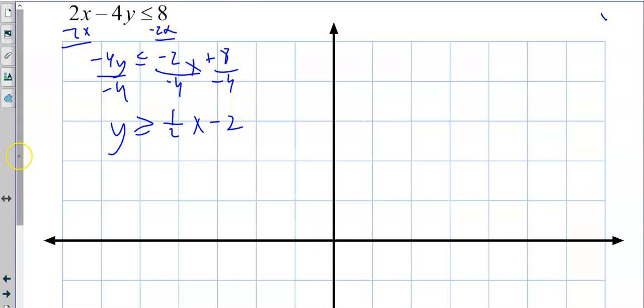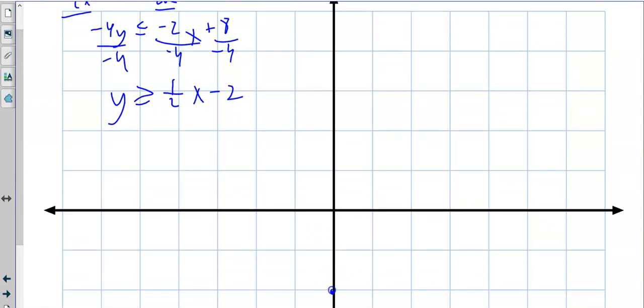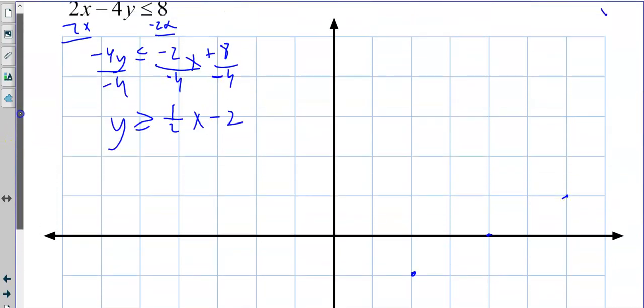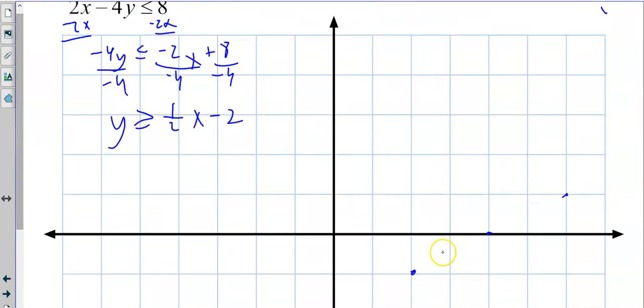So that looks like a y-intercept of -2. Slope is up 1/2 in the positive direction, up 1/2, up 1/2, and so forth. And this is going to be greater than or equal to, so it will be a solid line. I missed a point there, but something like that will be solid. And then you're going to be greater than, so I think you're going to shade up above.